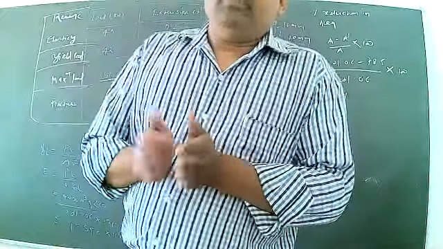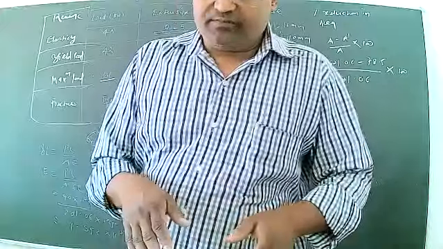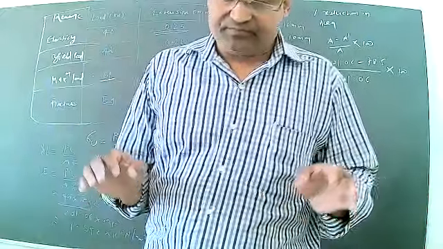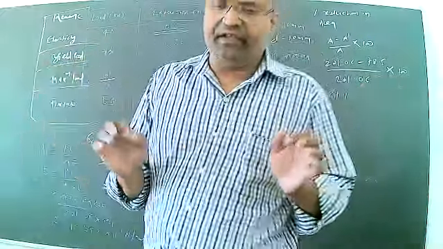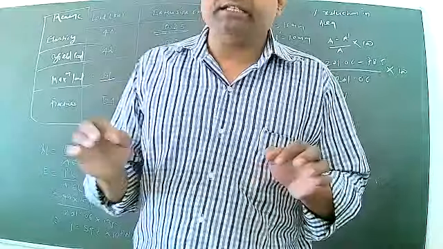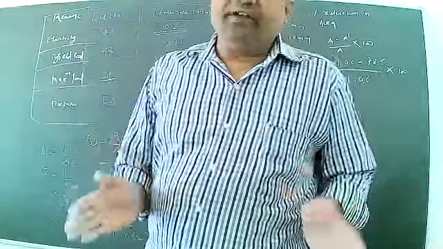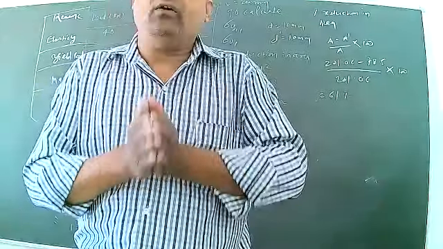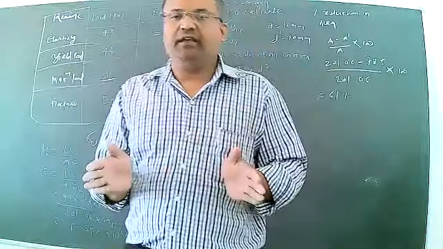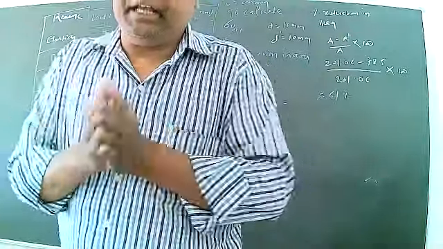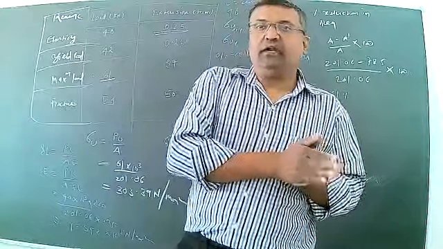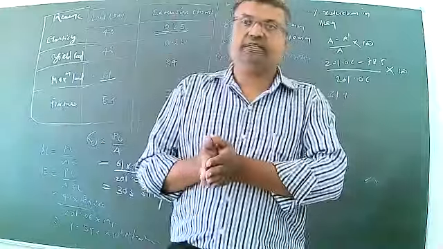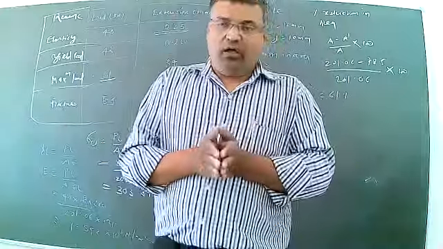Then in this problem, we have to find out the yield stress, ultimate stress, modulus of elasticity, and percentage reduction in area if the diameter of the neck is 10 mm. A very simple way to find out. First of all, we calculate the area of the original specimen, then the area of the neck. Once we calculate A dash, then calculate yield stress sigma y, then ultimate stress sigma u.